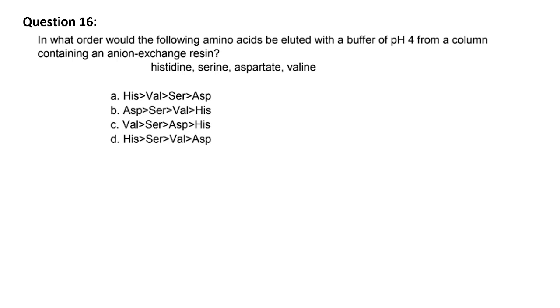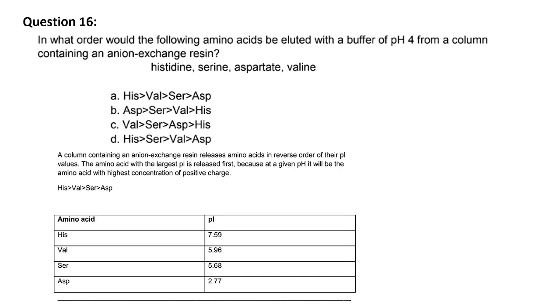So the amino acid with the largest isoelectric point is released first, because at the given pH it will have the highest concentration of positive charge. So histidine will have the highest, and then valine, then serine, then aspartic acid. So it will elute in this order. Okay.